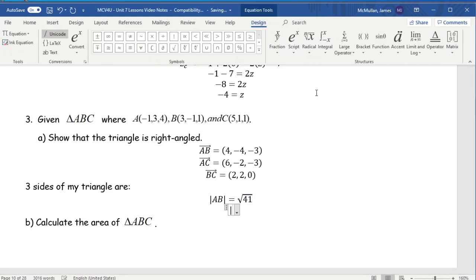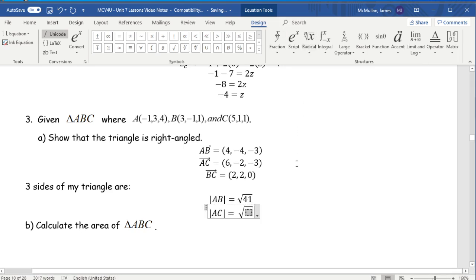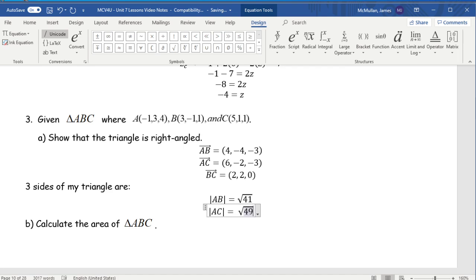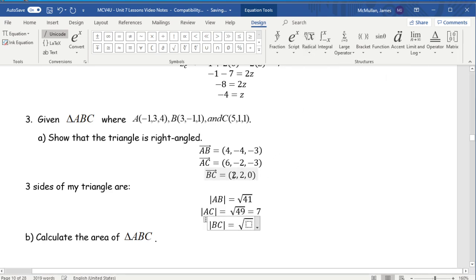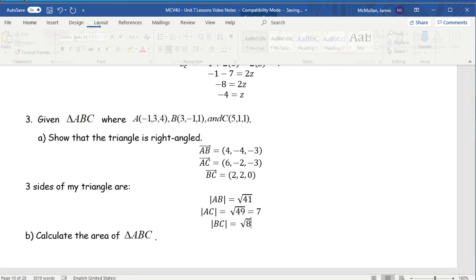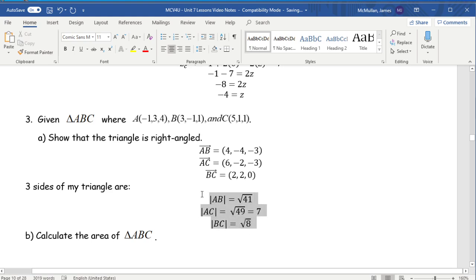Magnitude of AC would be equal to square root, let's see here, so 36 plus 4 is 40, plus 9 is 49. So that one actually is kind of nice. We know square root of 49 is just the number 7. And then we have square root BC, which is the magnitude here would be 2 squared plus 2 squared, which is square root 8. Now, is there a way I could use this information to prove that it's right-angled?